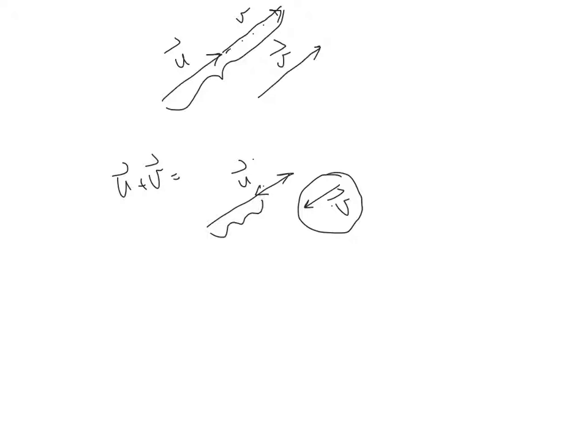So the sum is going to be this vector u plus v. Now, the magnitude is going to be the difference of the magnitudes of these two vectors u and v, and the direction is going to be in the direction of the longer vector, which in this case is u.